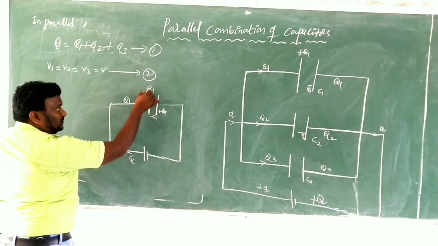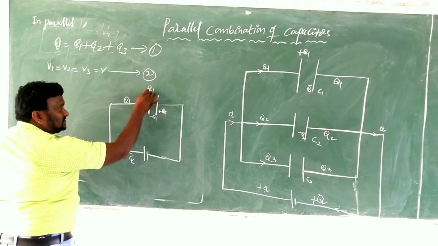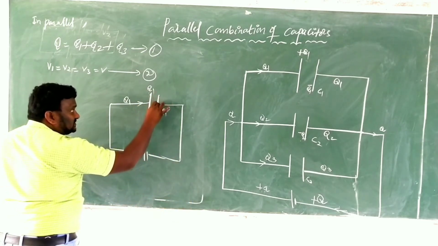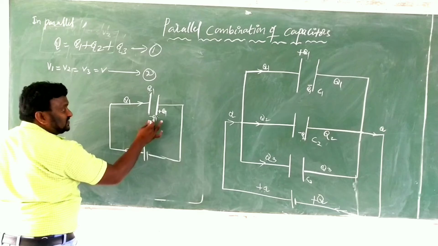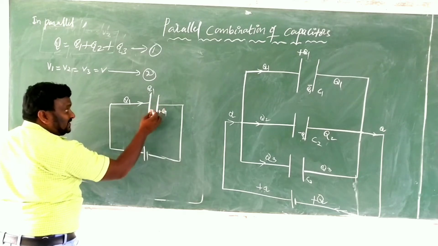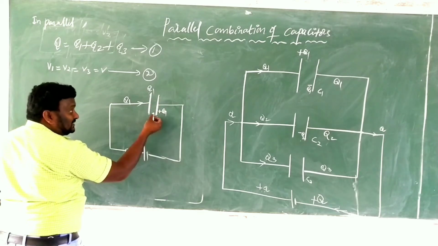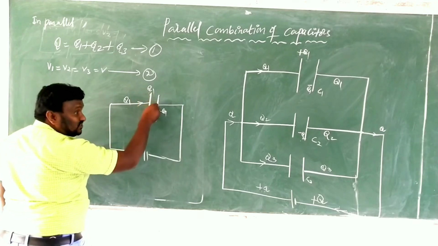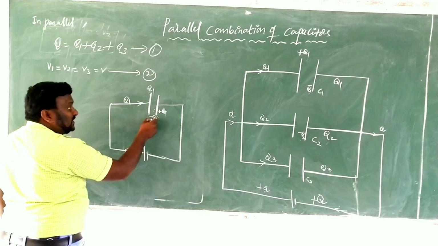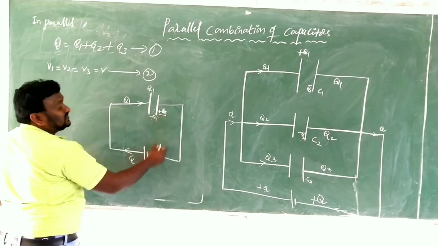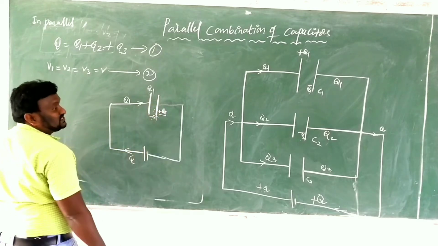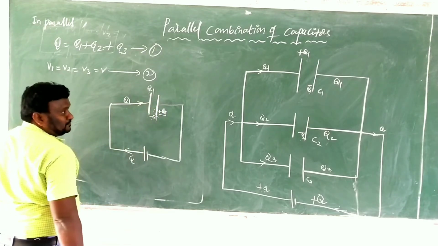Due to this amount of charge, negative charge is induced on the second plate, taken as minus Q1. That minus Q1 is on the inner surface of the capacitor, and again due to that some plus Q1 charge is induced outside the second plate.